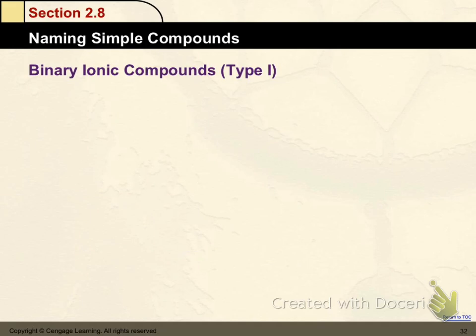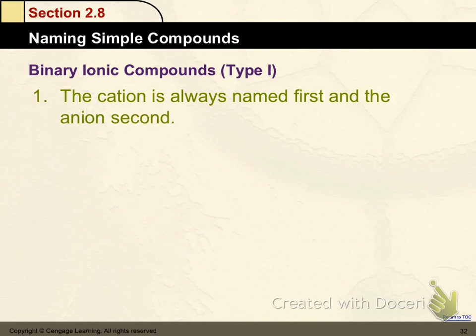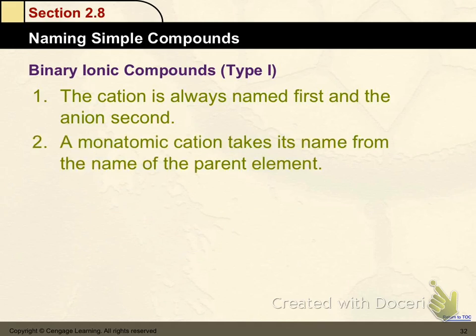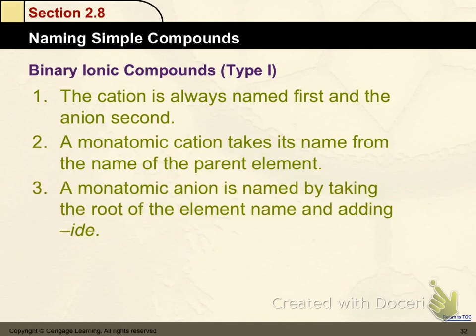Our first type of naming is binary compounds, starting with the simplest, binary ionic compounds. The cation is always named first, and the anion second. A monatomic cation, meaning a single atom, takes its name from the name of the parent element. The anion is named by taking the root of the element name and adding "-ide".